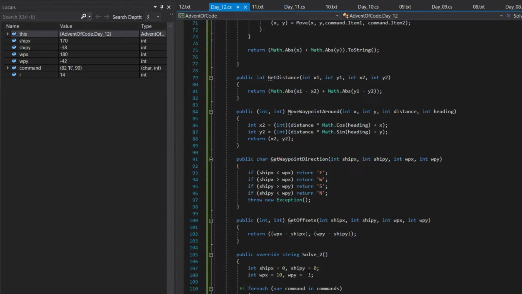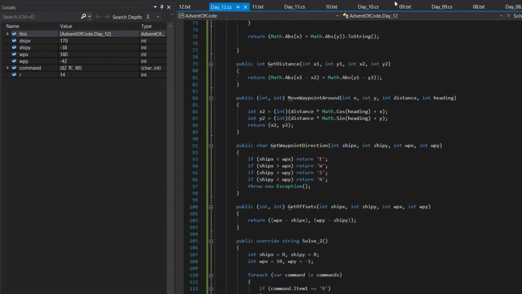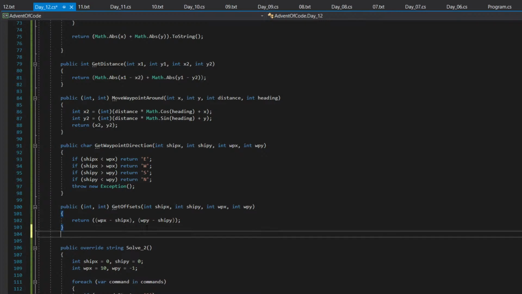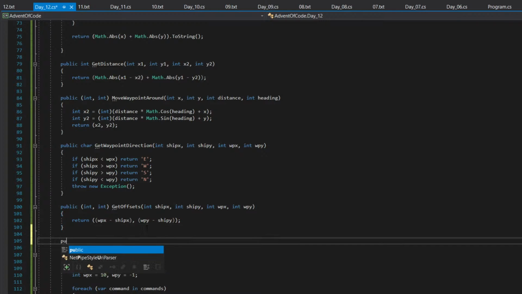I need to get heading. I need to get the angle between the ship. Why did I get distance? Anyway, get heading.